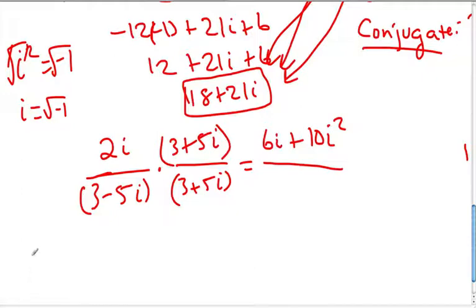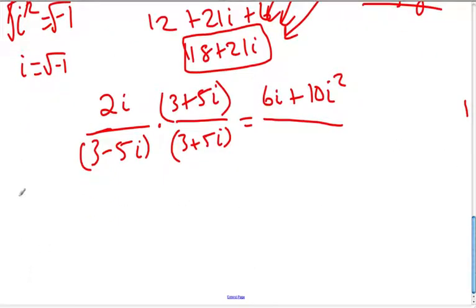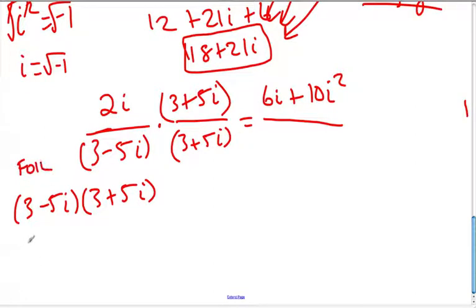And then over here, let's see what happens with the FOILing to see why the conjugate works. 3 minus 5i times 3 plus 5i. For FOIL, First is 9. Outside is plus 15i. Inside is minus 15i.